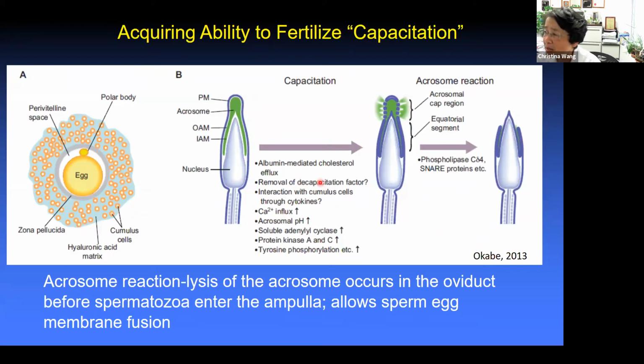There are many processes that can facilitate the acrosome reaction, which is listed here. I'm not going to go through them, but the acrosome reaction is a lysis of the acrosome that occurs in the oviduct in a mouse or a rodent, and fallopian tube in the females, before spermatozoa can enter the ampulla to allow the sperm egg membrane fusion to take place. If the cap is not removed, the sperm is not capable of fertilization.